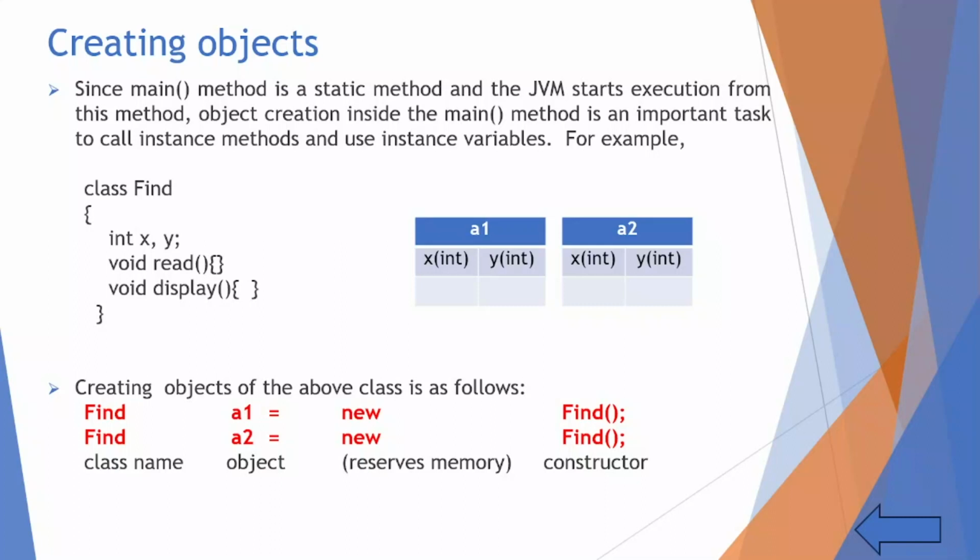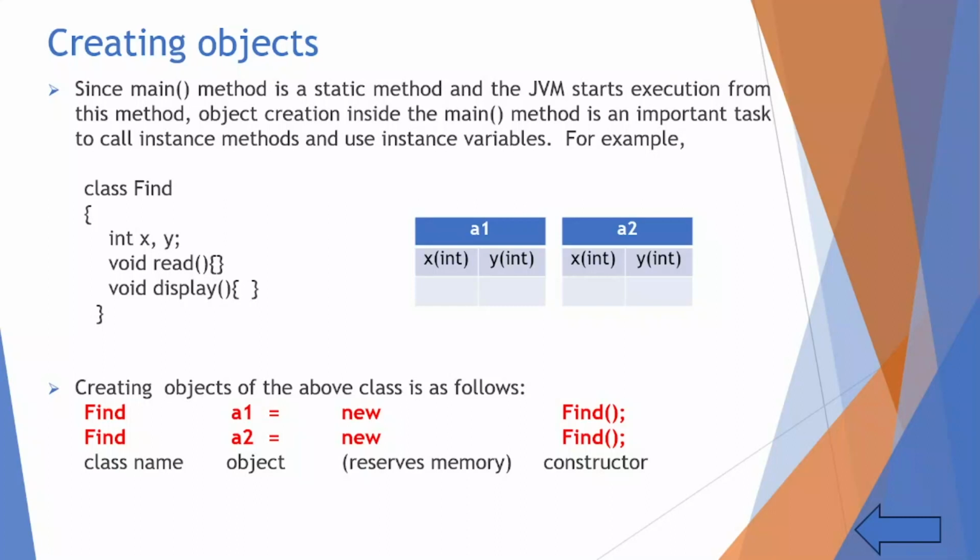So how to create one in the coding way? Let's say there is a class called Find in which two variables are there, int x, y, both of them instance. Then two methods, void read, void display. They are not static. So if I have to call these from the main method, I need to create an object.